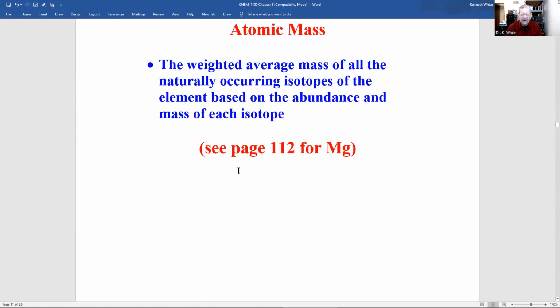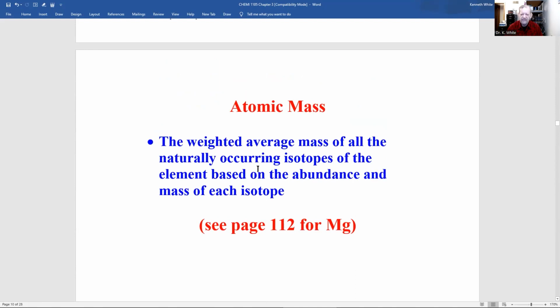Now, there's a very, very important concept in chemistry called the atomic mass. Your instructor will call it the atomic weight, and since we're not going to leave the planet, I can get away with that.